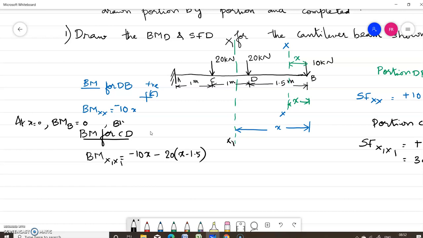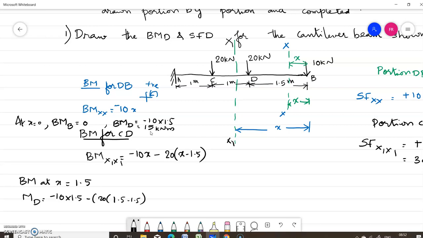Now we can also find the bending moment at x equal to 1.5, that is bending moment at D. We can check here: minus 10 into 1.5 minus 20 into (1.5 minus 1.5), so this becomes 0.